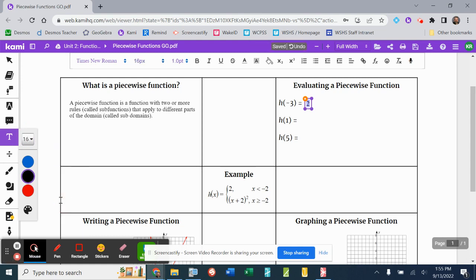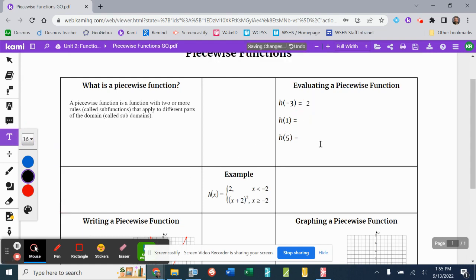Now, when I go to the next one, h at 1, again I have to ask myself in which subdomain x being 1 would take place. My two pieces are x less than -2 and x greater than or equal to -2. Well, 1 is greater than -2, so it falls in the second subdomain, which means I'm going to use the second subfunction.